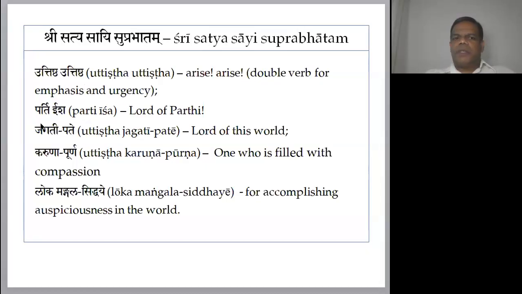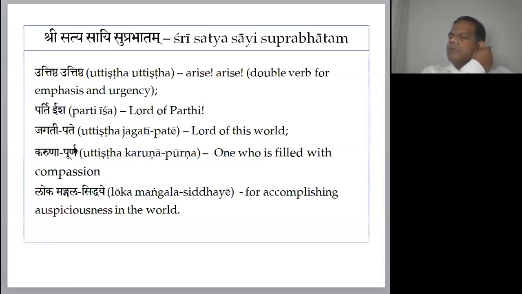The next word is partisha. Parti refers to Puttaparthi. There are some nice meanings Swami has given us to parthi in the discourse excerpt, so we can read them. Swami is saying effulgent actually there. Isha is the Lord of parthi. Jagati pate is also another samasa or compound word. Jagati is earth.